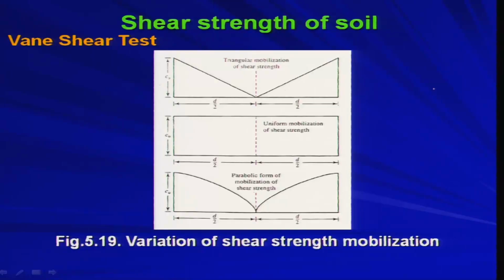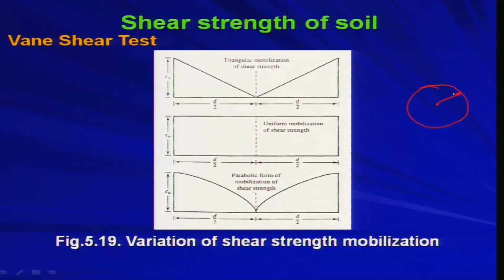If you consider this to be your top surface or bottom surface, then at the center of the torque rod or the vanes, whatever shear is developed will not be the same throughout the radial direction. There is also some uniform distribution considered, it may be the same.